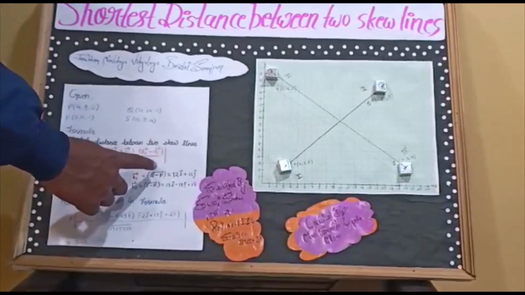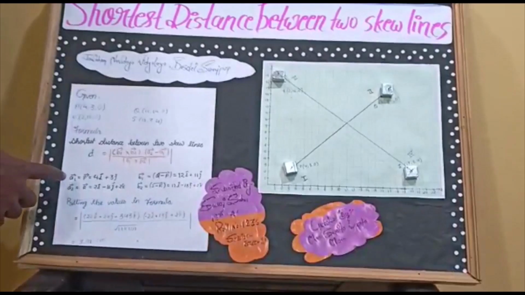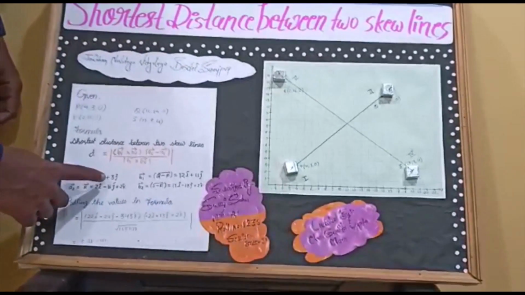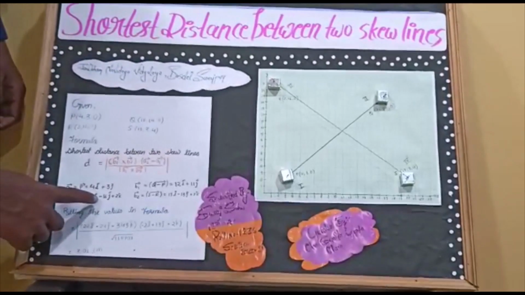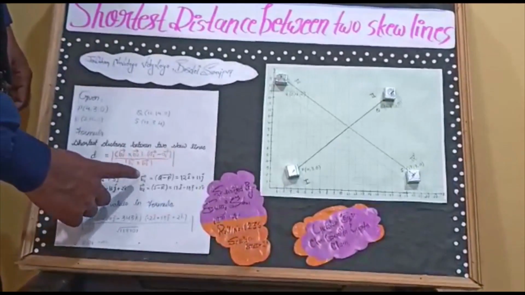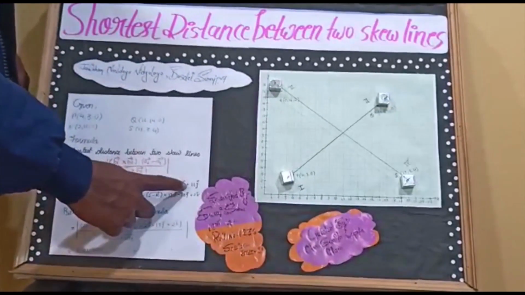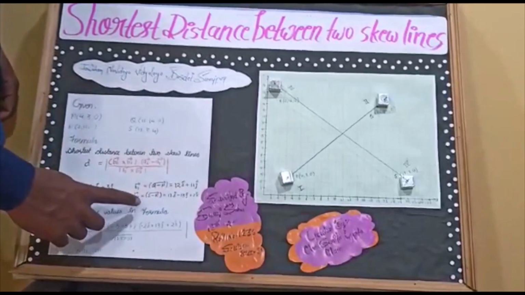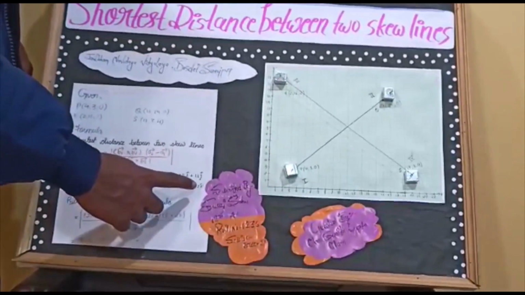Here A1 vector is equal to 4i cap plus 3j cap, A2 vector is equal to 3i cap minus 16j cap plus 2k cap, B1 vector is equal to 12i cap plus 11j cap, B2 vector is equal to 17i cap minus 13j cap plus 2k cap.